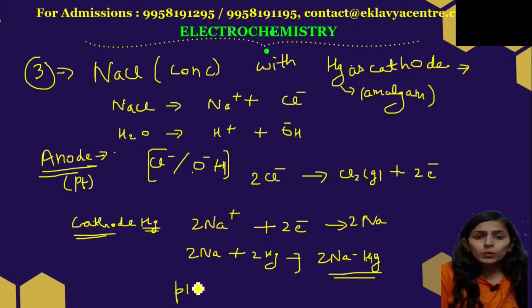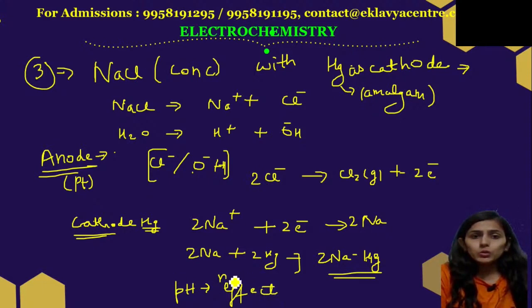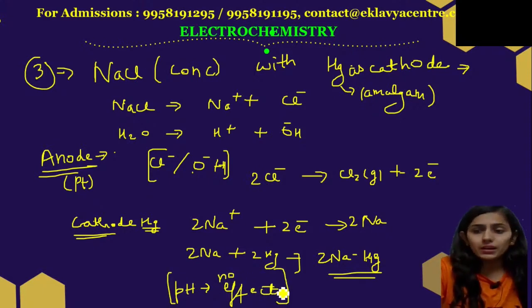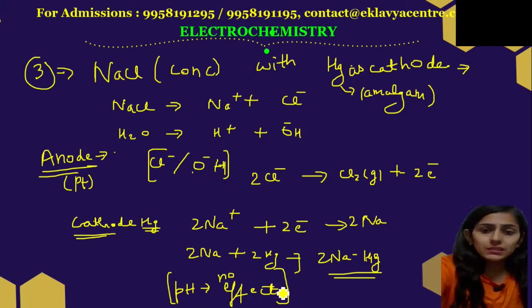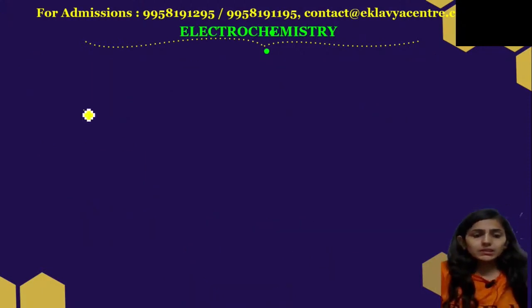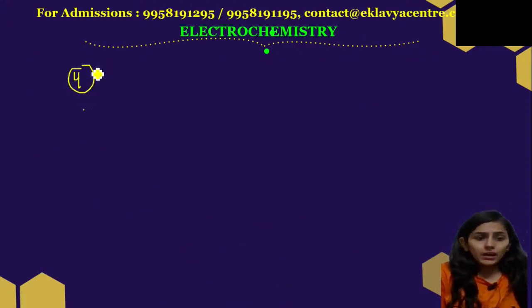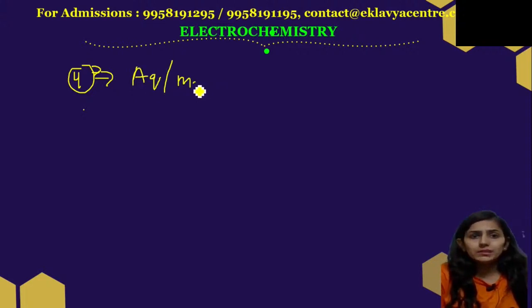And if we talk about pH, in this case, pH has no effect, right? Because there is no change in the concentration of H plus ions. I hope this much is clear to you. Now the last case is we have aqueous NaCl. Either you can take aqueous or molten NaCl with Ag electrode.